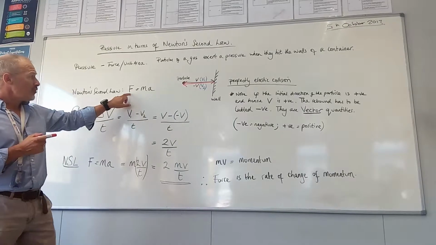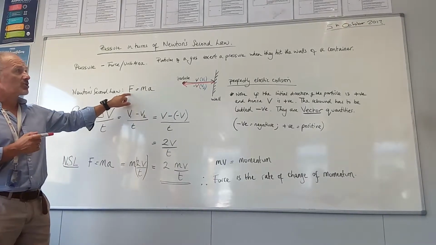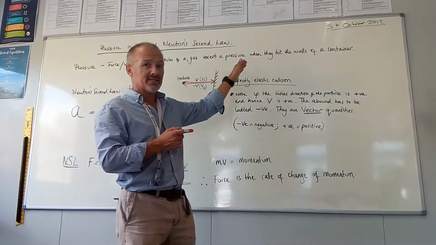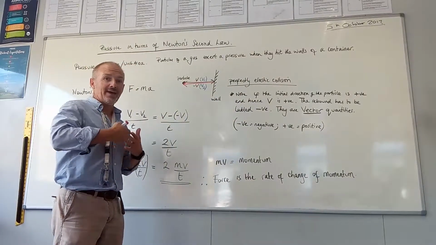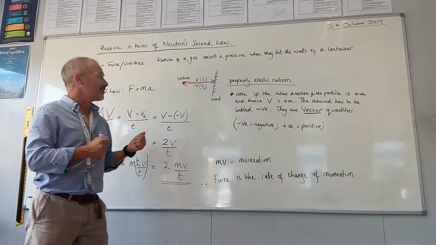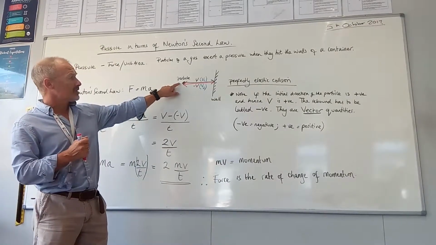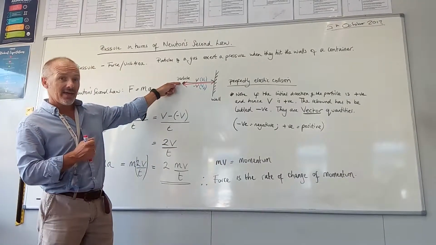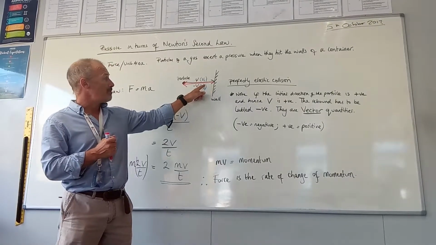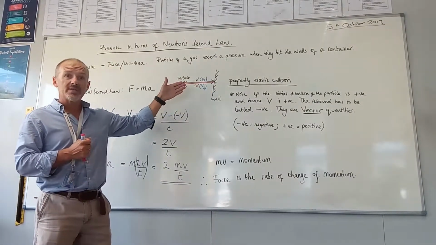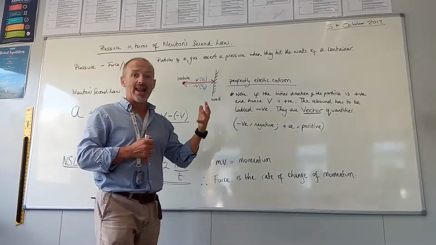Now, if we have a force of a particle hitting the wall of a container, we have to have Newton's second law implied in that action. Now, if I have a particle travelling forwards, hits the wall of the container, and then bounces back, we say that this collision is elastic.